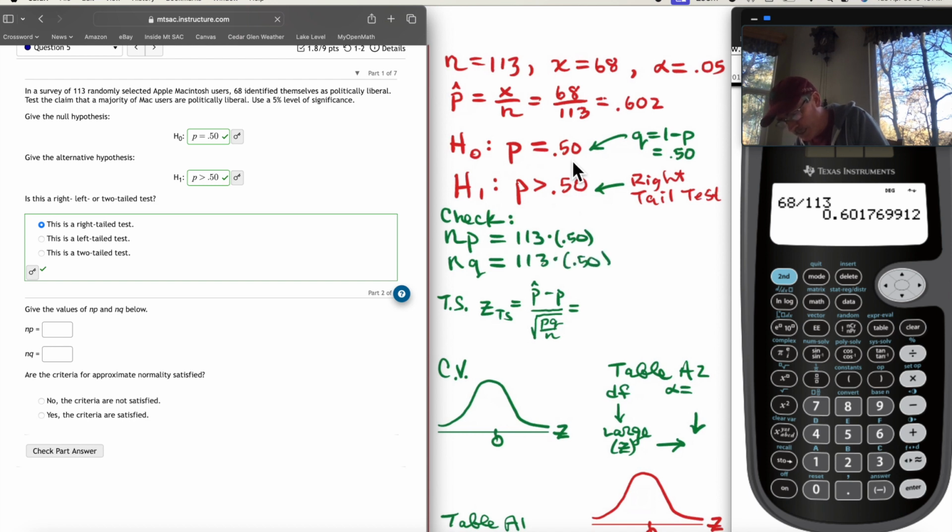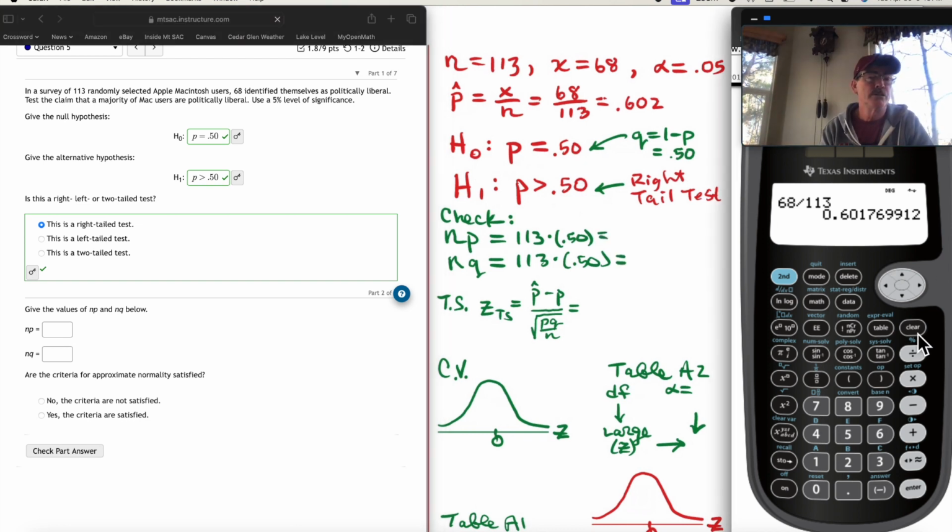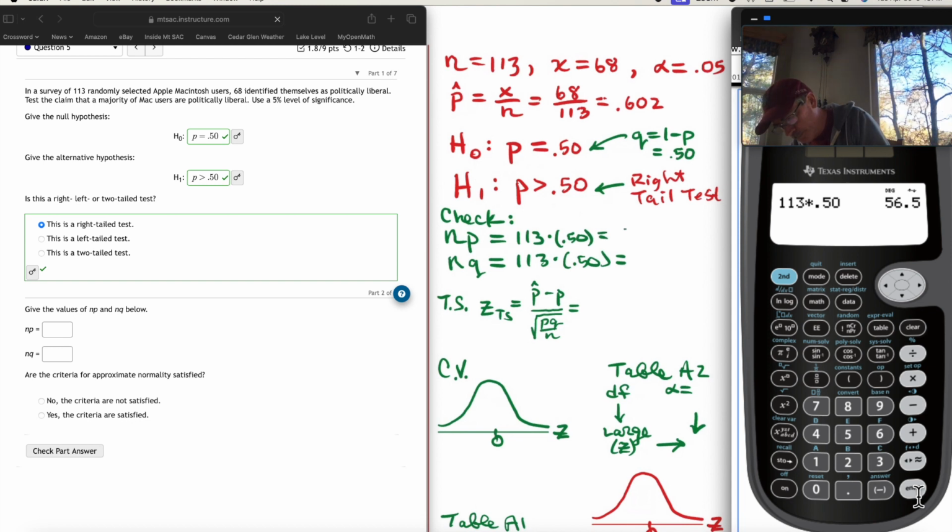These will be the same, so it's 56.5 on both of them.